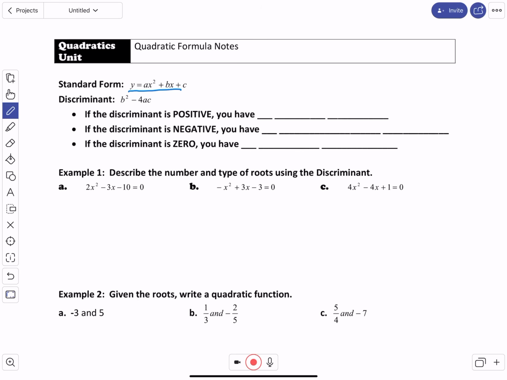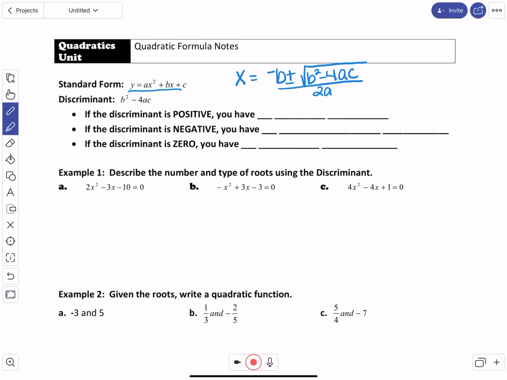So real quick, I'm going to jump ahead just a little bit. Quadratic formula is x equals negative b plus or minus the square root of b squared minus 4ac all over 2a. This is the quadratic formula.